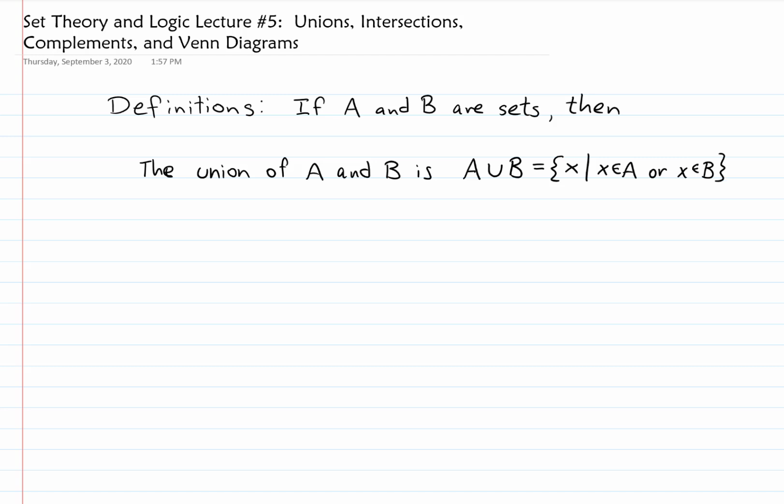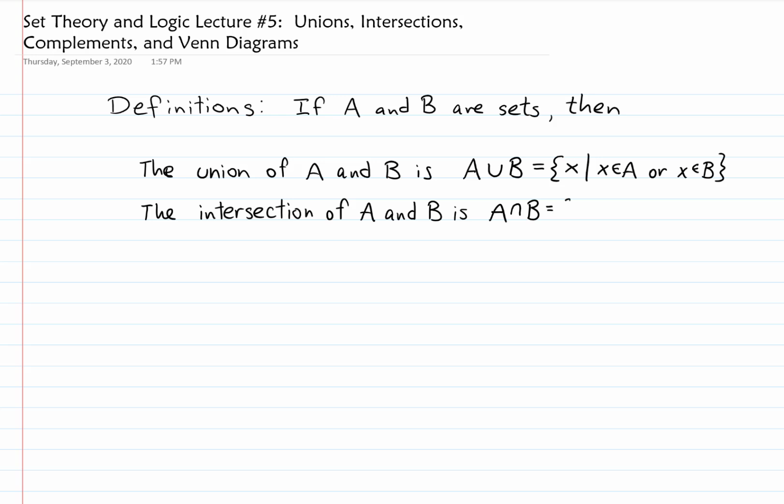Okay, now let's do intersection. The intersection of A and B is, so we write A and then it's the same symbol as union except upside down like a horseshoe.